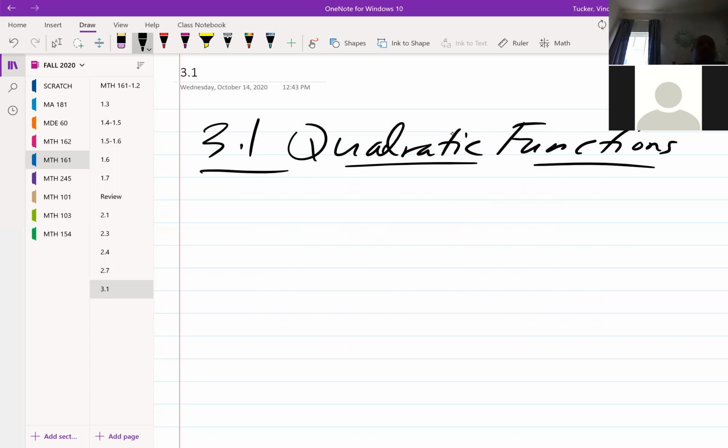All right, so 3.1 starts off with quadratic functions, where the graph of your quadratic function will be a parabola.